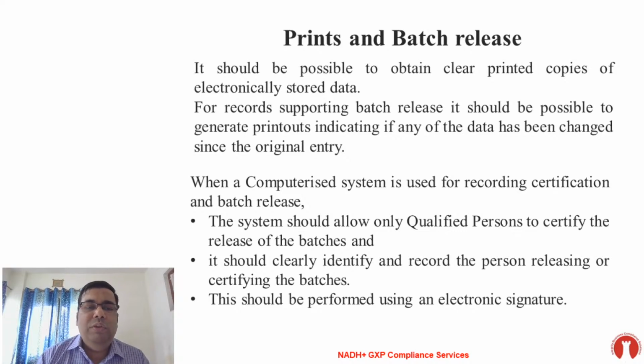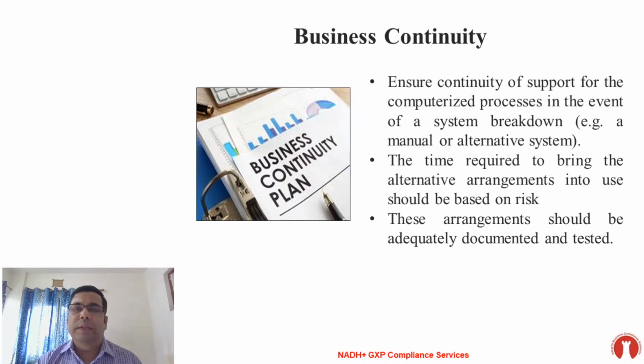So this is the requirement with respect to print and release. 21 CFR will also discuss record copying. That terminology is not in EU GMP. Record copying means the copies of records produced to the inspector should have the same information.